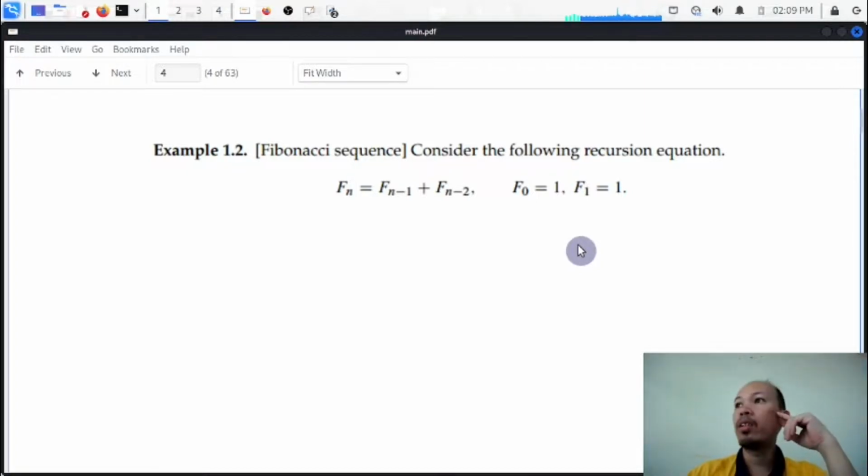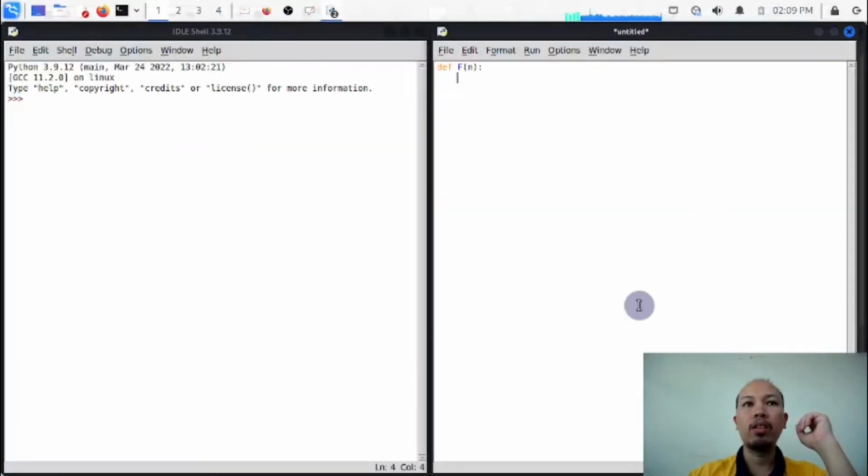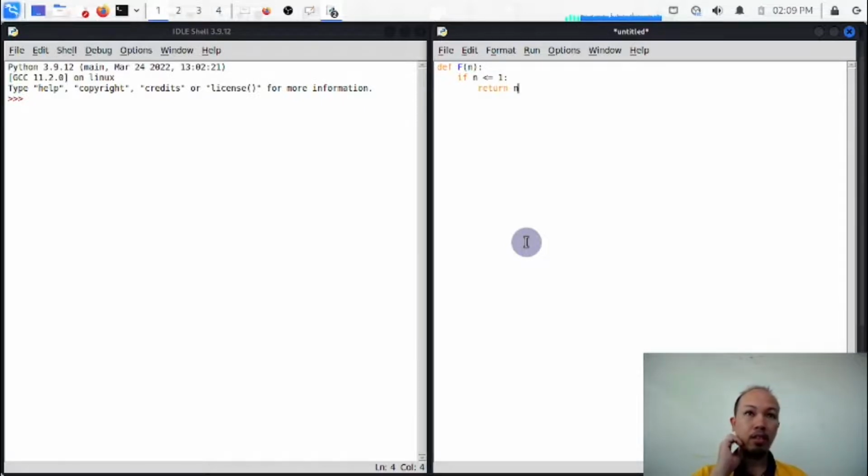Some books use f of 0 is equal to 0 and f of 1 is equal to 1 as the starting values. So if n is less than or equal to 1, we will return n.